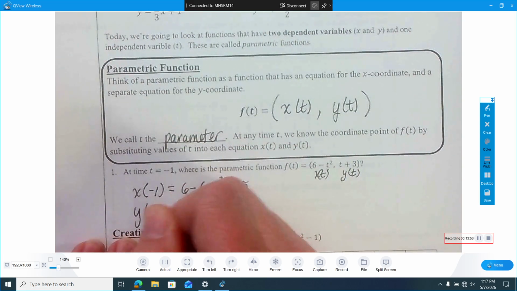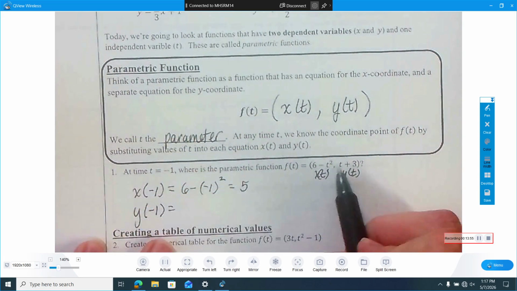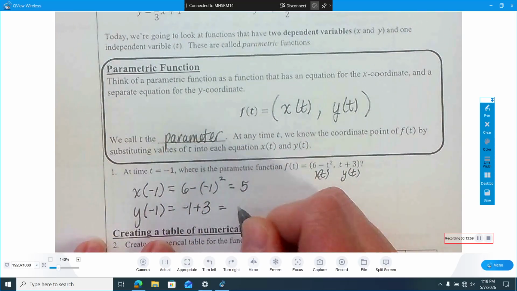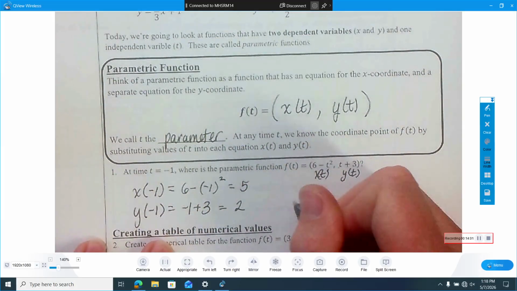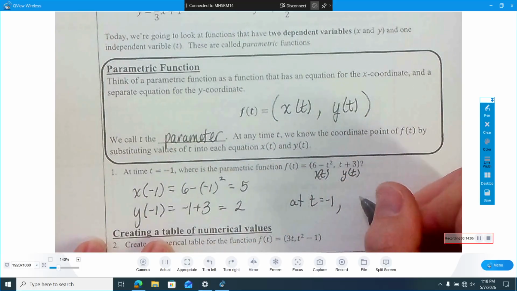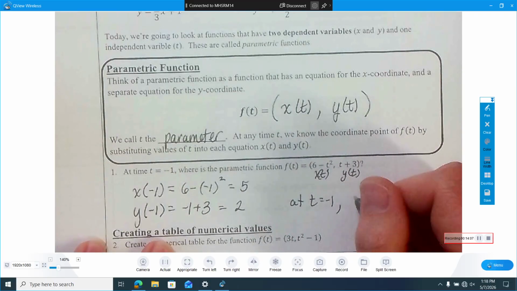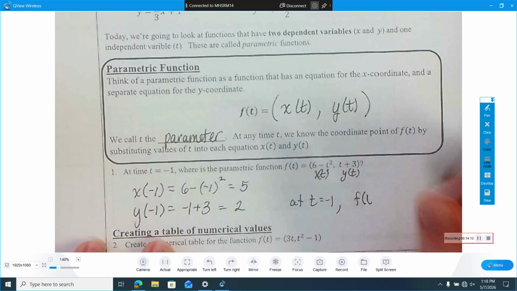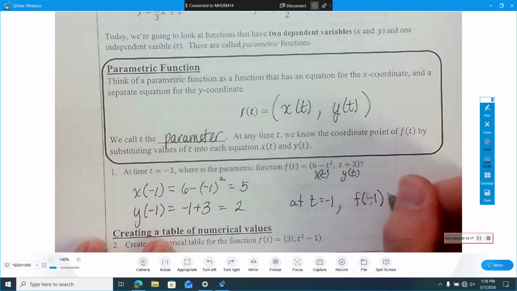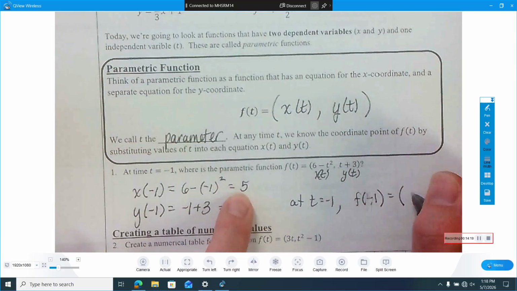And then y of -1, so I'm plugging it into the y equation. So -1 plus 3 is 2. And so at t equals -1, I'm just going to write f of -1 equals 5, 2.